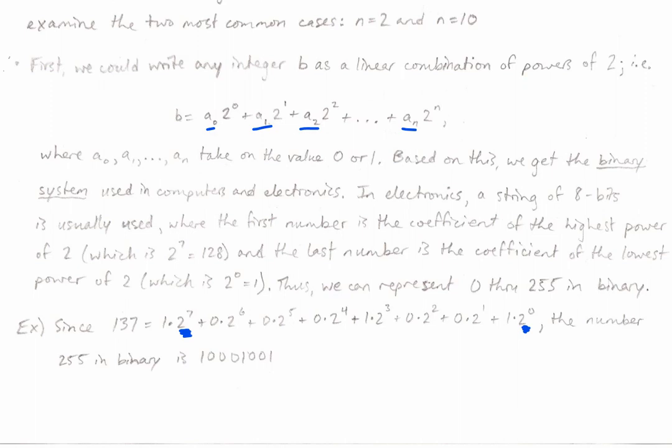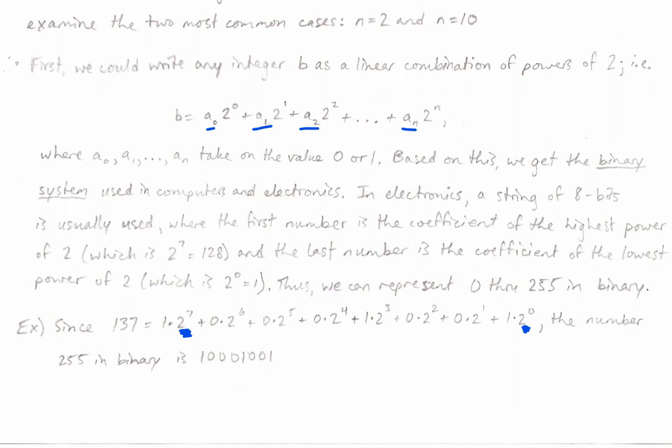And we say, okay, what are the coefficients on those powers of 2, such that when I add them up, I get 137. Well, 137 is 1 times 2 to the 7th, or 1 times 128, plus 0 times 2 to the 6th, plus 0 times 2 to the 5th, plus 0 times 2 to the 4th, plus 1 times 2 cubed, which is 8, plus 0 times 2 squared, plus 0 times 2 to the 1, plus 1 times 2 to the 0.